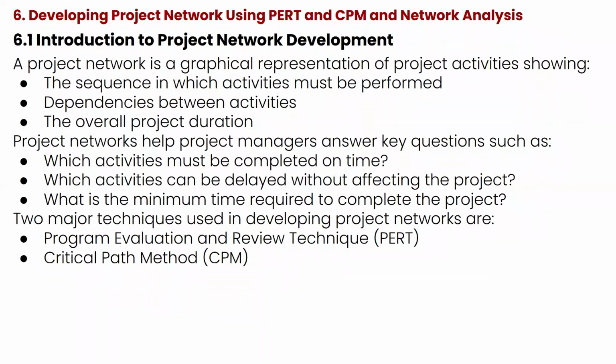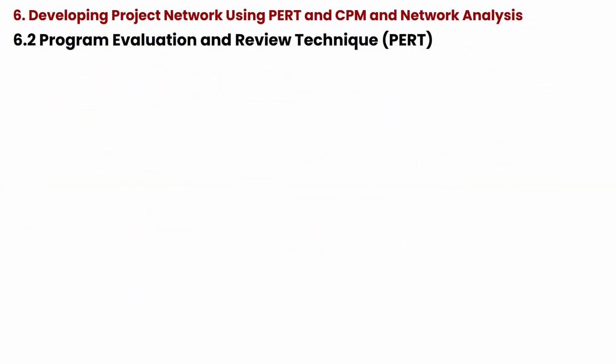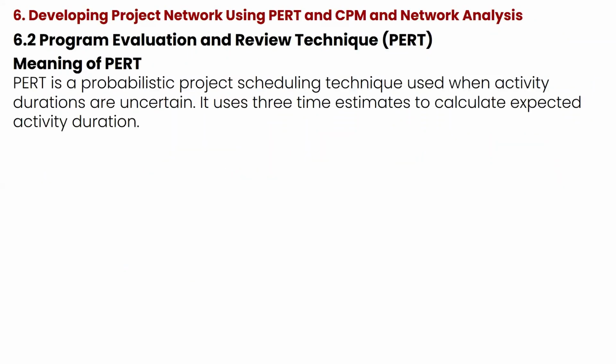So these are the 2 key techniques when you are trying to develop project network. And I'm going to show you how they differ. Now, the meaning of PERT. We say PERT, Program Evaluation Review Technique, is a probabilistic project scheduling technique used when activity durations are uncertain.